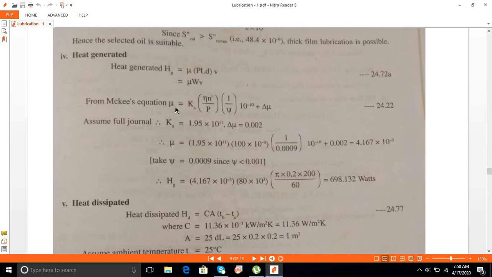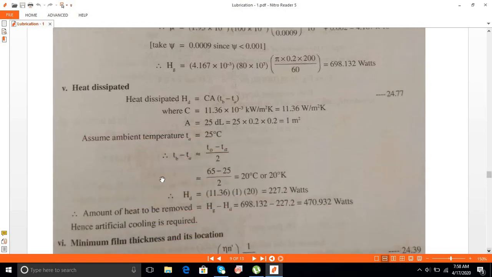After calculating mu, we get it as 4.167 into 10 power minus 3. And we need to take this psi value less than 0.001, hence it is taken as 0.0009. Hg after calculation we got as 698 watts.